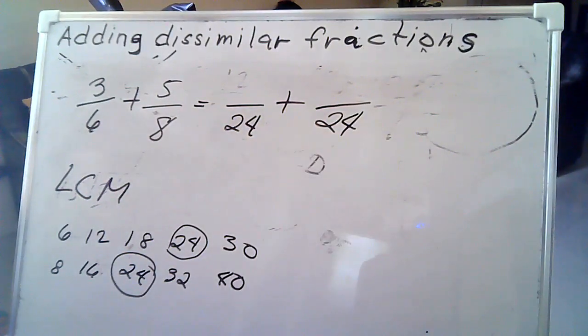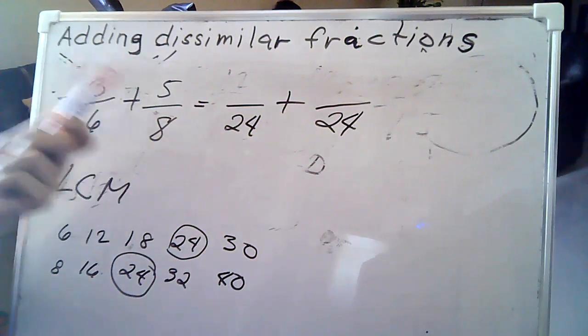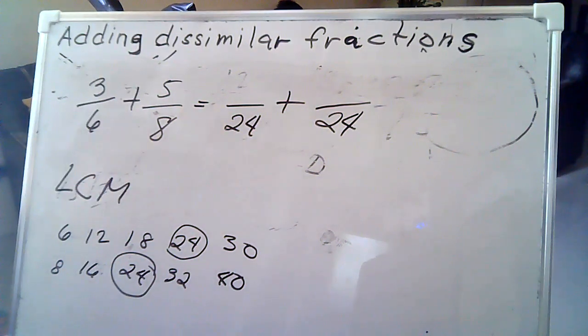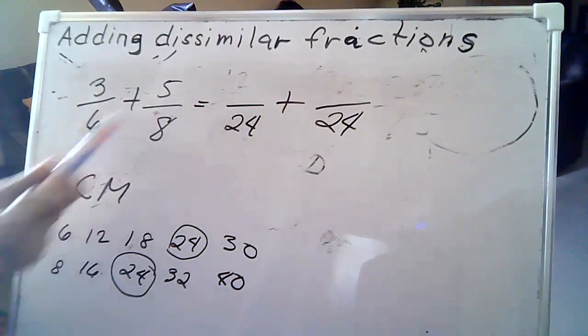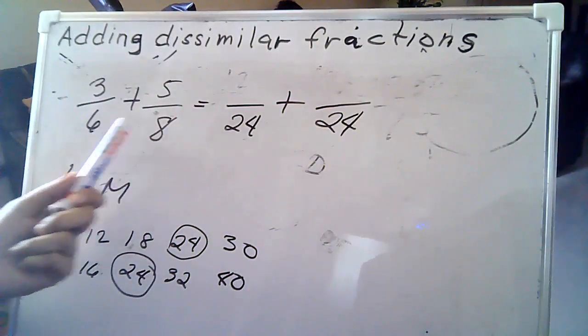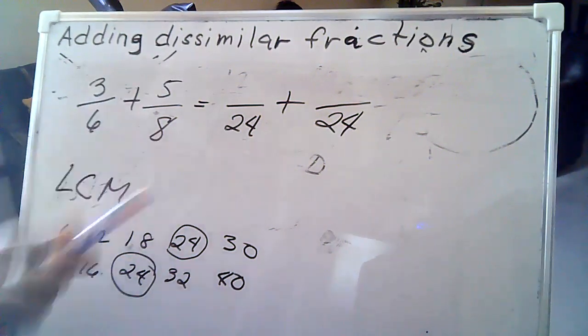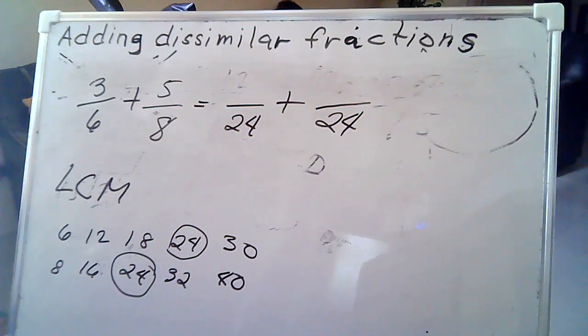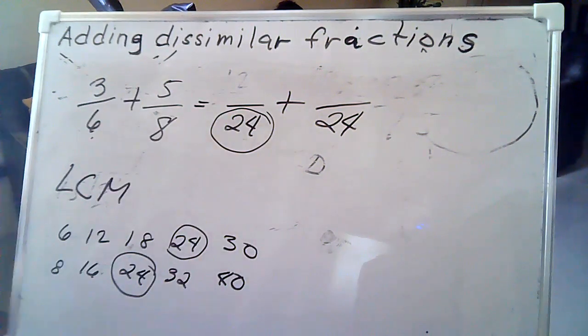Alright, now what are we going to do next? So remember, when you change the denominator, we also need to change their numerators. Now, since hindi tayo nag-multiply, hindi rin tayo magko-cross-multiply. Kung hindi tayo nag-multiply ng denominator, hindi natin i-apply yung cross multiplication. So, ang gawin natin, i-divide mo itong 24 by 6.